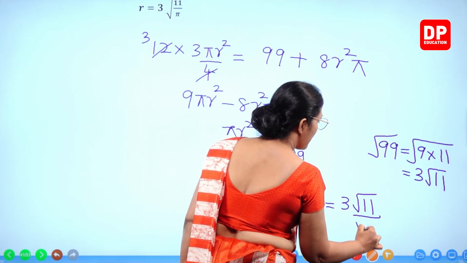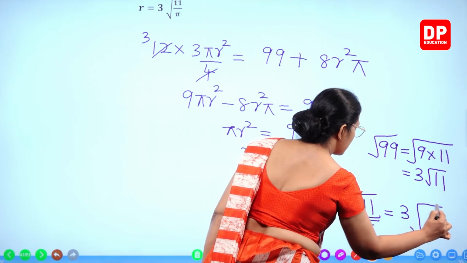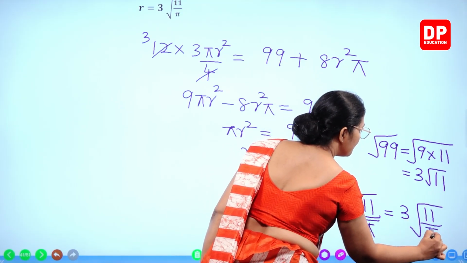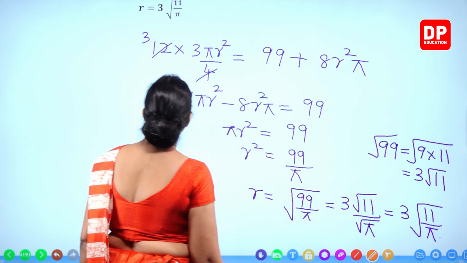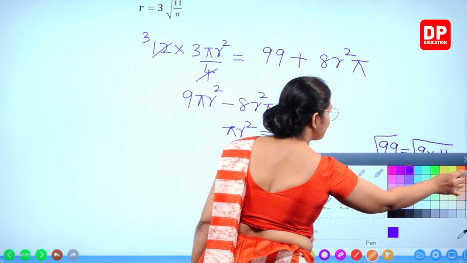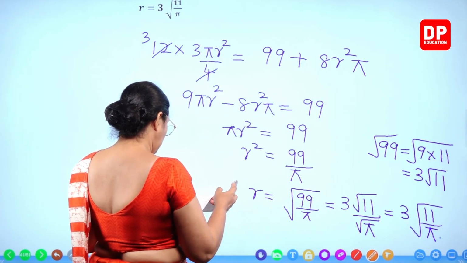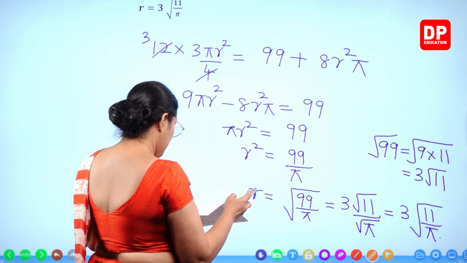Root pi I can write inside 1 root sign, 11 over pi. So that's the r value. So how many marks for that? You are getting 2 marks for showing that.